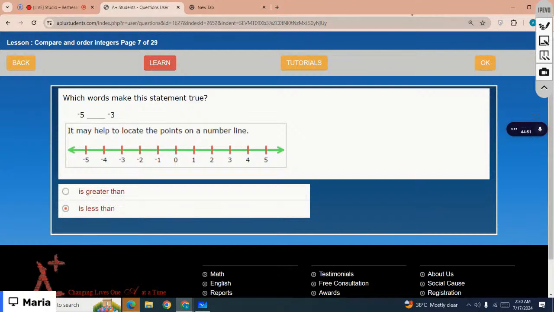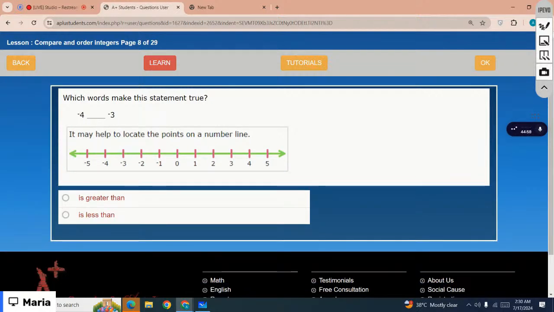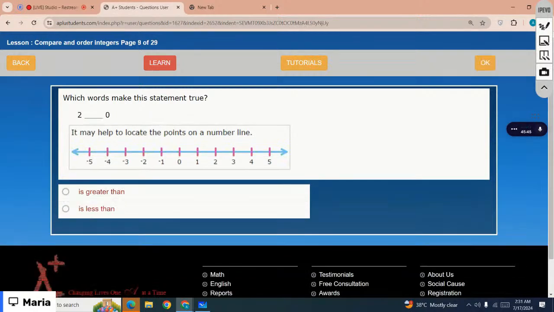Option number 2 is the correct option. -4 is, yes, less than -3. 2 and 0, which is the correct option?